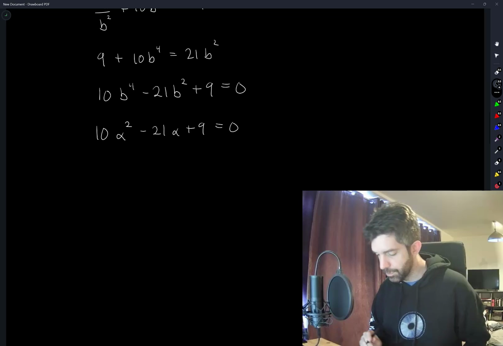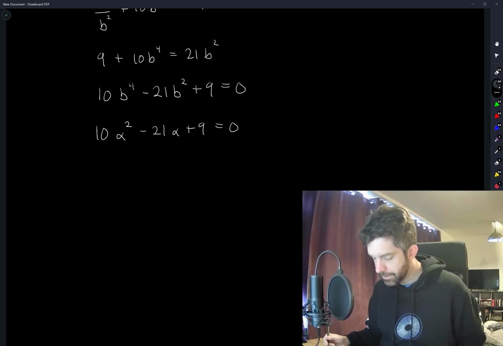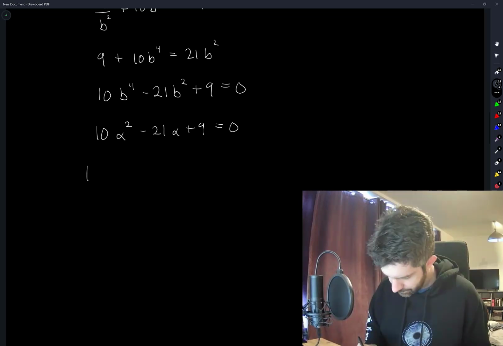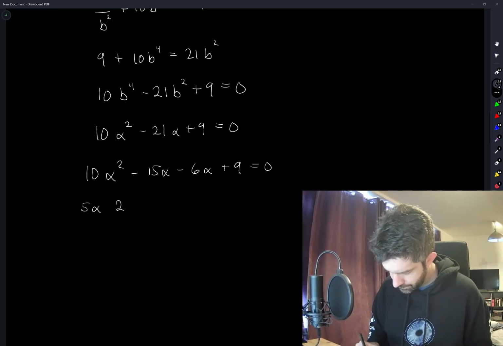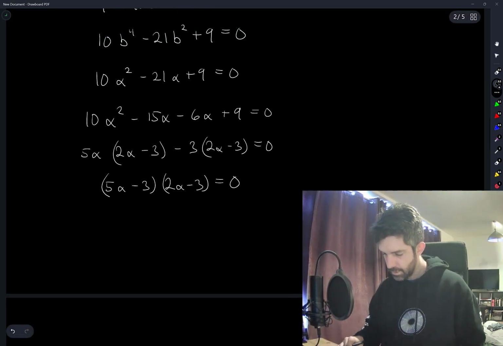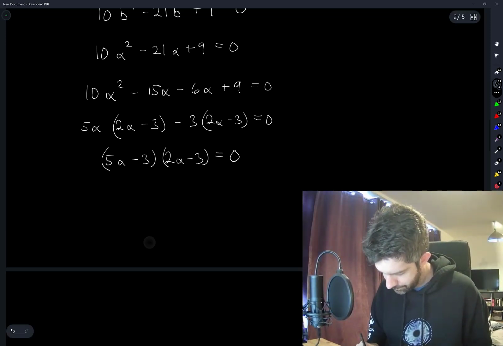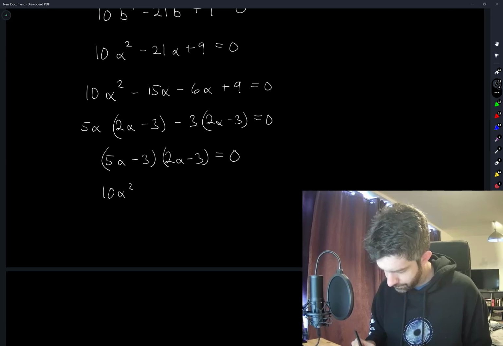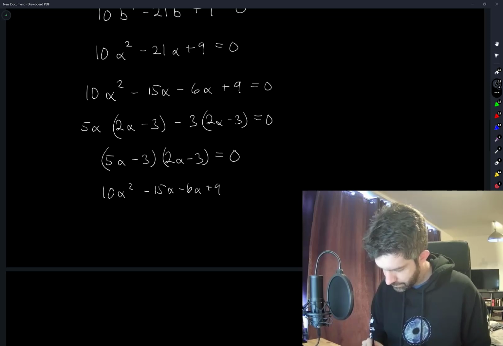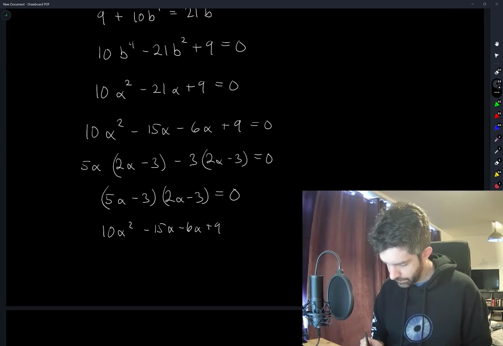I hope I get a nice expression for alpha. Does this factor? I think this is a correct factorization, but let's just check by reversing the steps. (10 alpha squared minus 21 alpha plus 9). Yeah, looks like it's right.